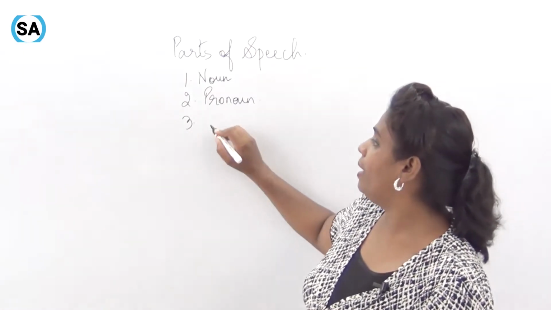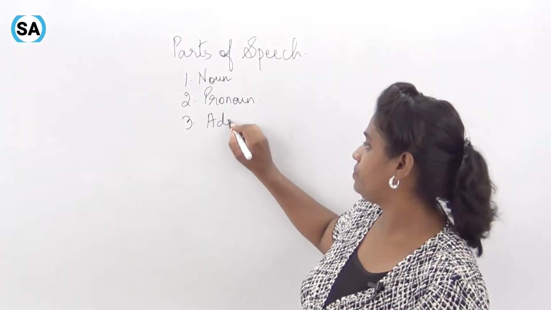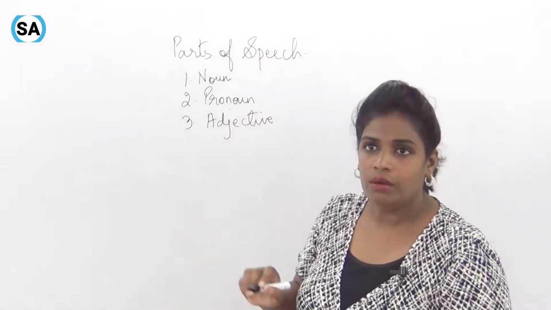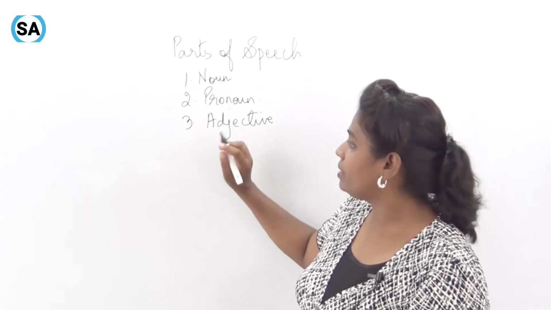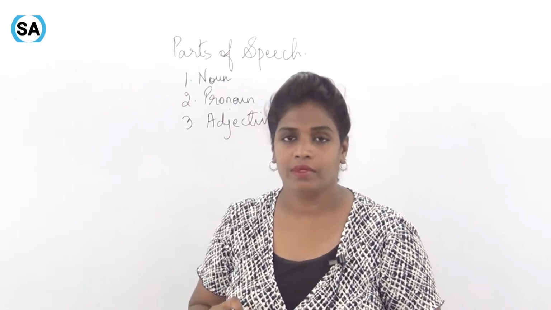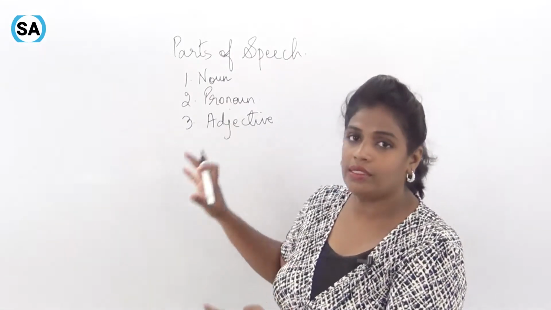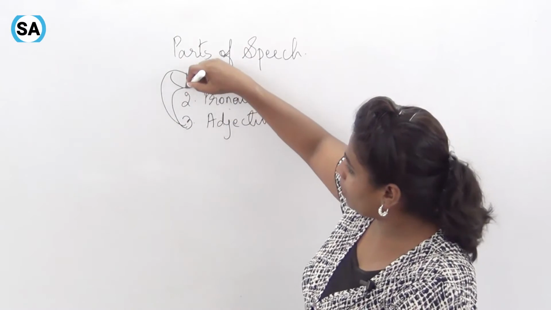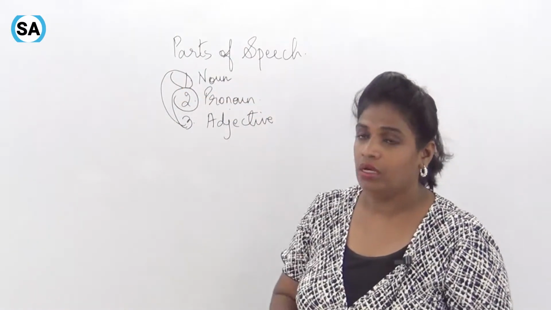Then we have adjective. What is adjective? Many students get confused between this word adjective and adverb. Now if I say adjective, adjective will talk about noun, it will talk about pronoun.